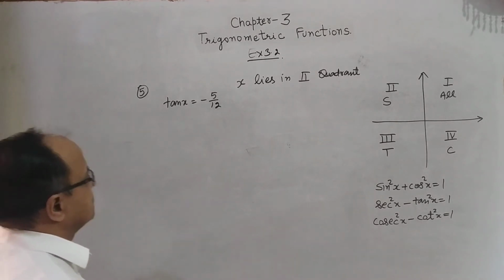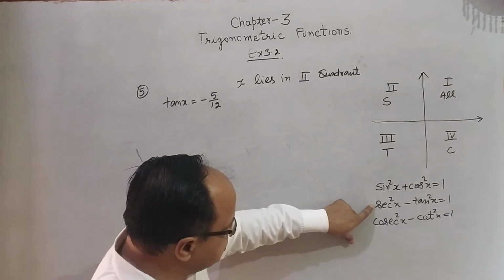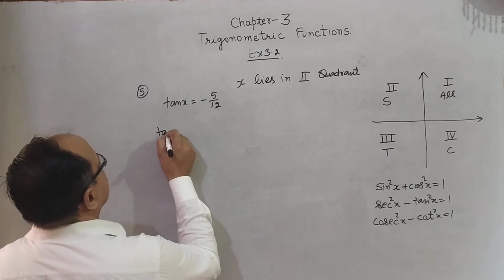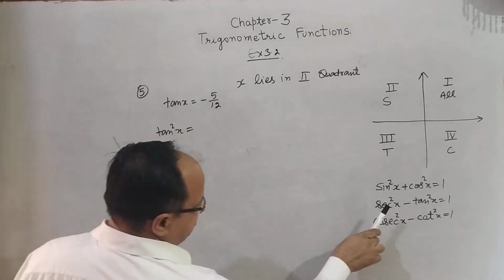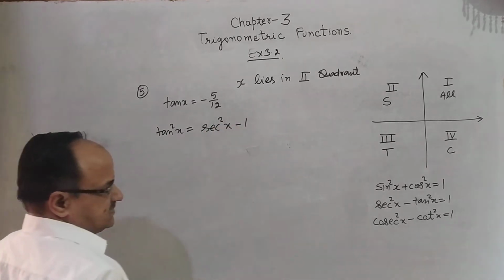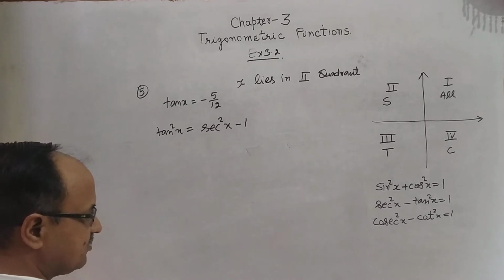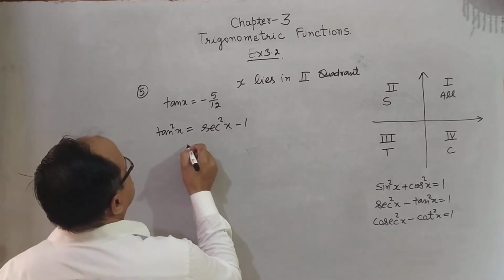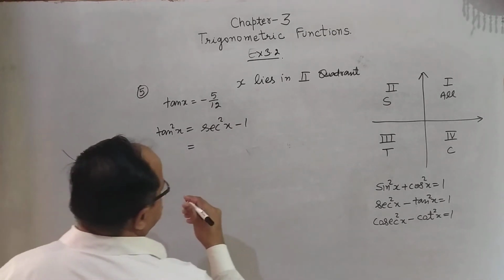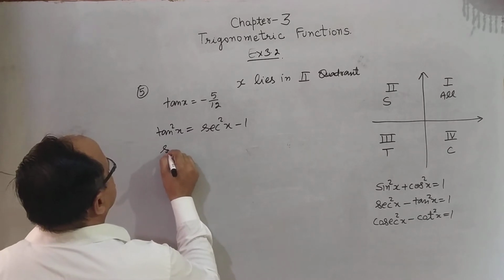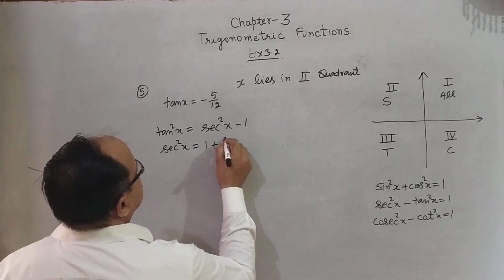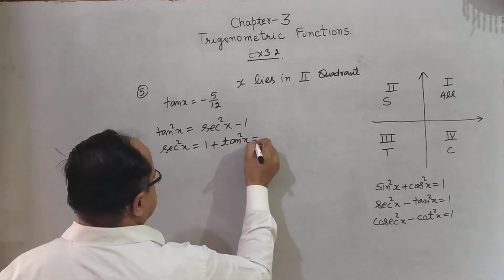Same procedure. For this you can use this formula. What is the value of tan square x? With the help of this formula, tan square x is equal to sec square x minus 1. Therefore, sec square x is 1 plus tan square x.